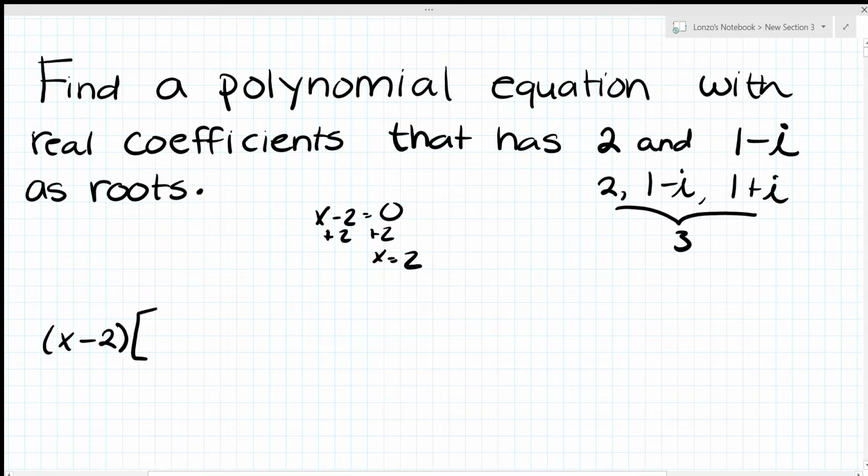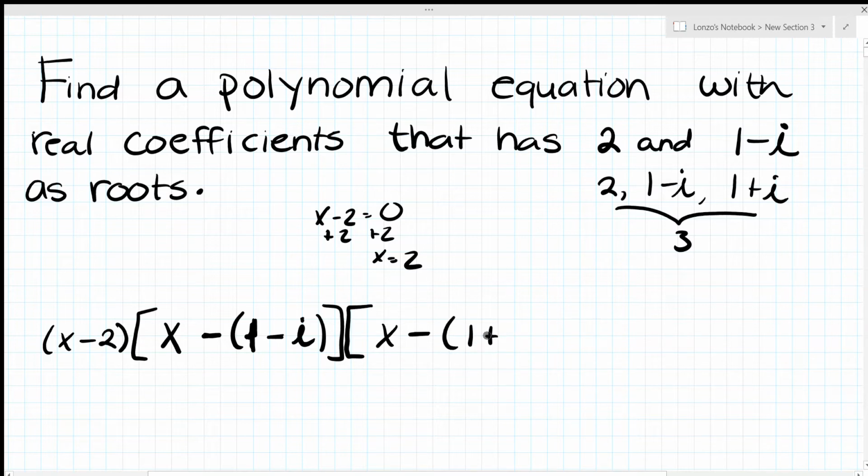It's going to be x minus this conjugate, 1 minus i, so I'm going to put minus and then parentheses 1 minus i, parentheses, bracket, and then another bracket, x minus the conjugate of 1 minus i, which is 1 plus i, parentheses 1 plus i, parentheses, bracket, equals 0.